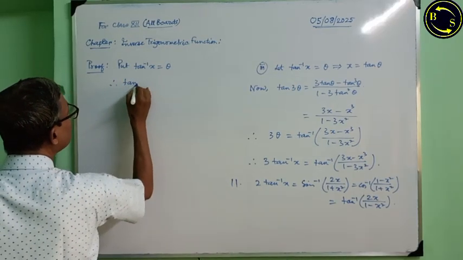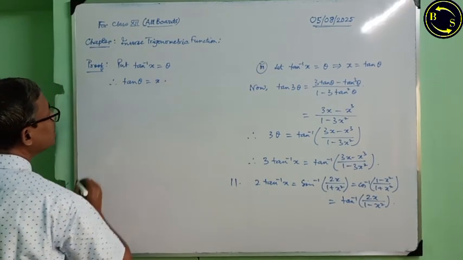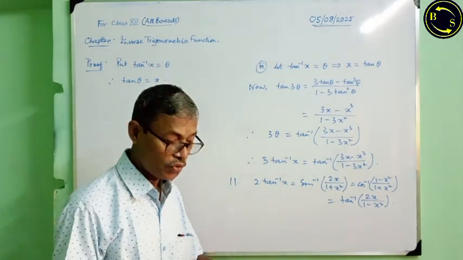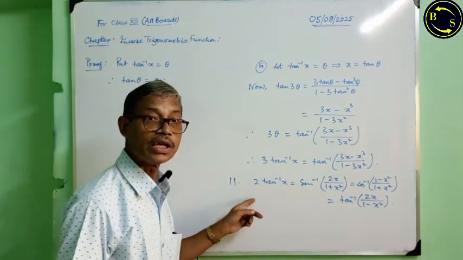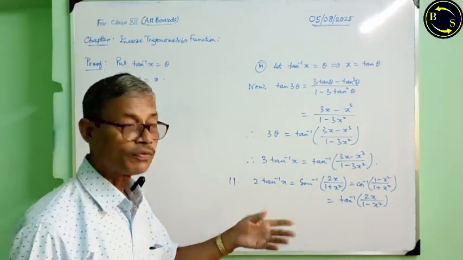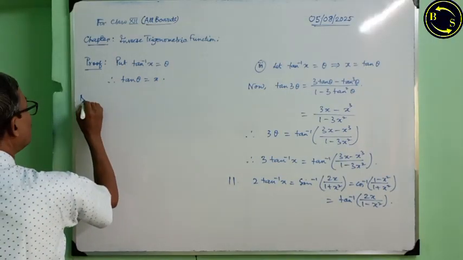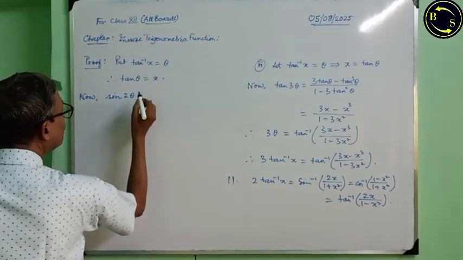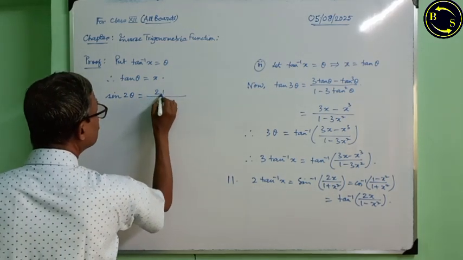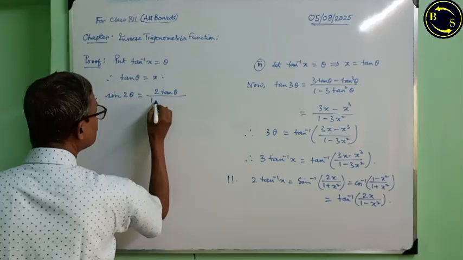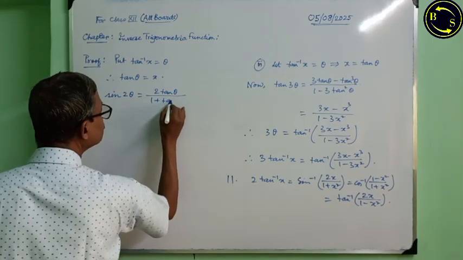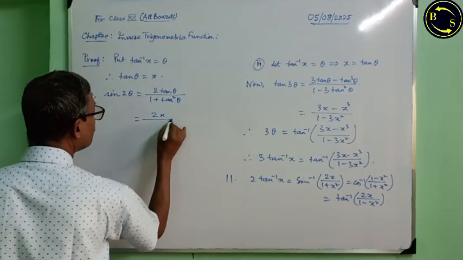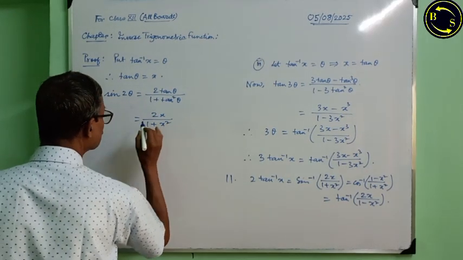Therefore, tan theta equal to x. First sin inverse, that means we have to use the sin 2 theta formula in terms of tan. Now, sin 2 theta is 2 tan theta divided by 1 plus tan square theta, which is 2x by 1 plus x square.